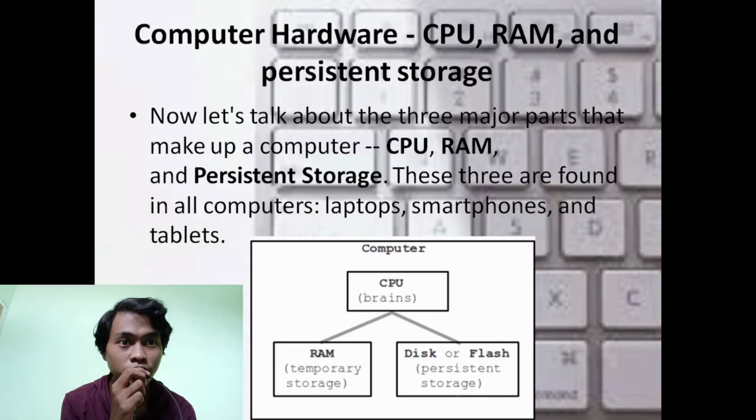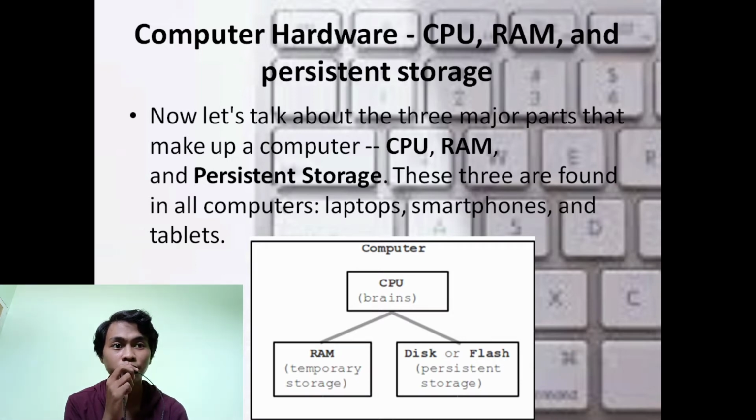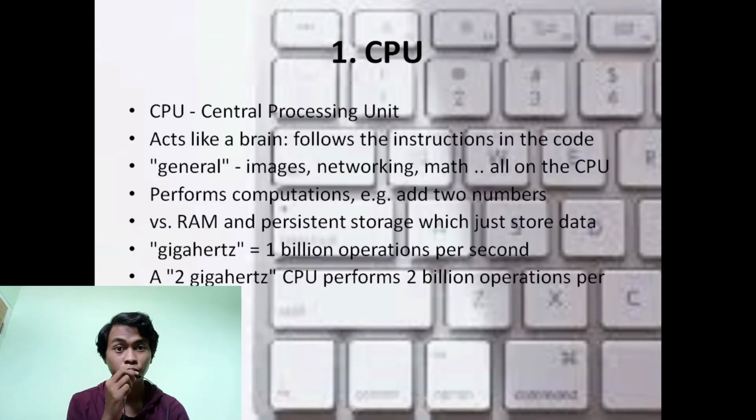Now, let's talk about the three major parts that make up the computer: CPU, RAM, and persistent storage. These three are found in all computers, laptops, smartphones, and tablets. CPU, Central Processing Unit. It's like a brain, following the instructions in the code.